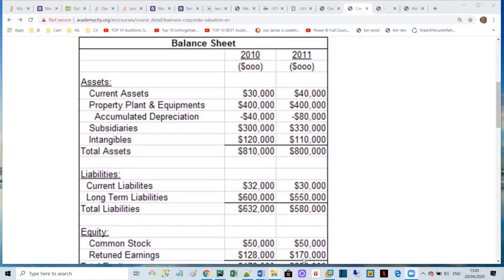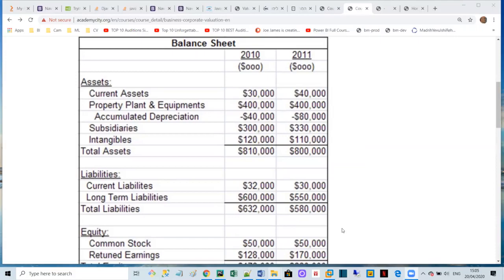So 170 is the total profit the company has made minus the dividend they distributed over the years since it was established. Now, if I were to ask you, how would you describe the difference between 170,000 and the 128,000? It becomes 42.